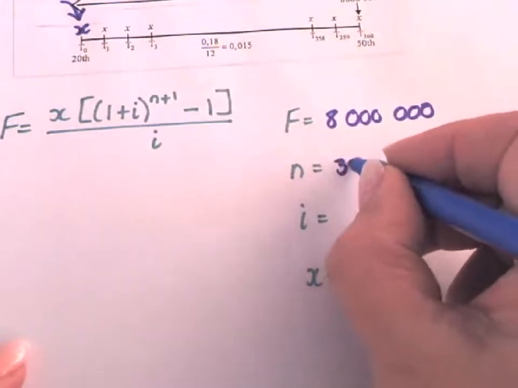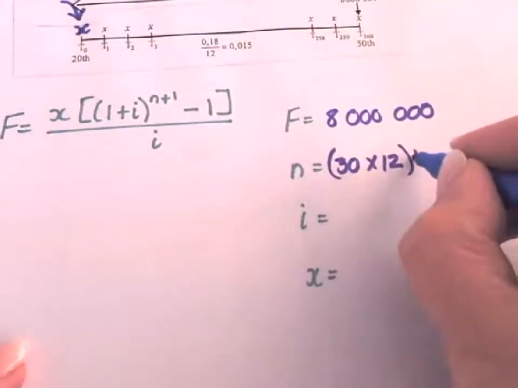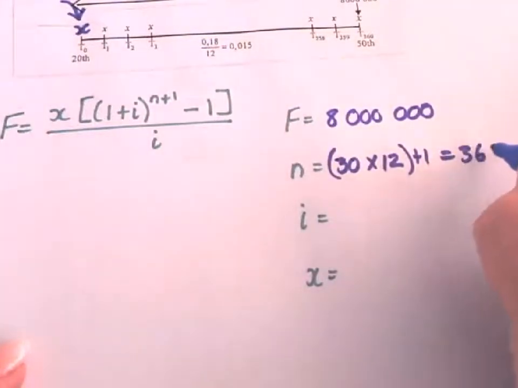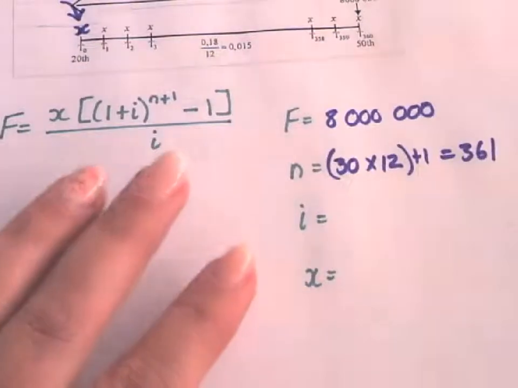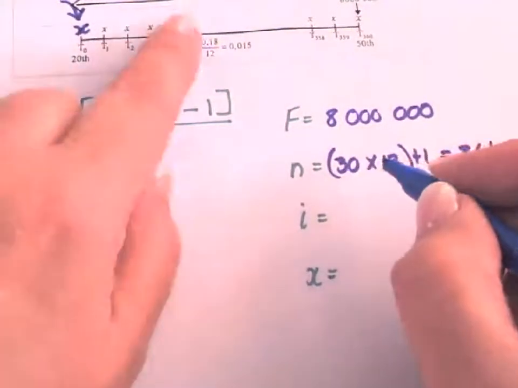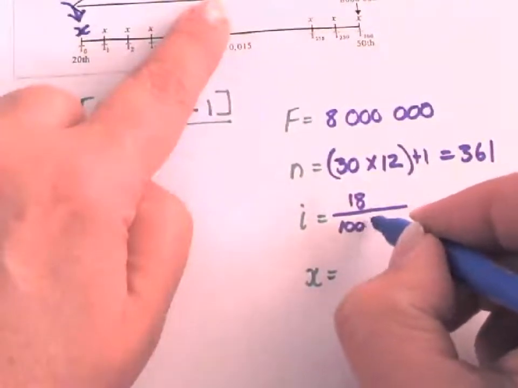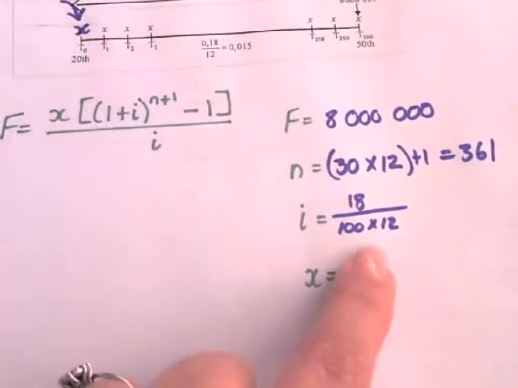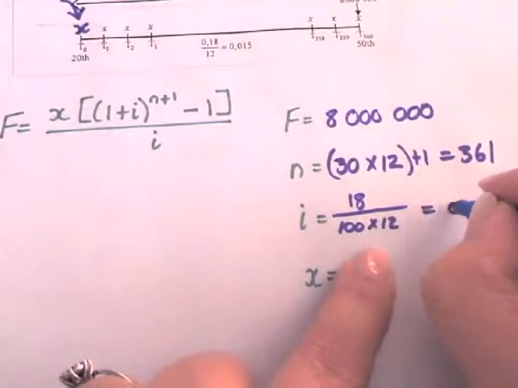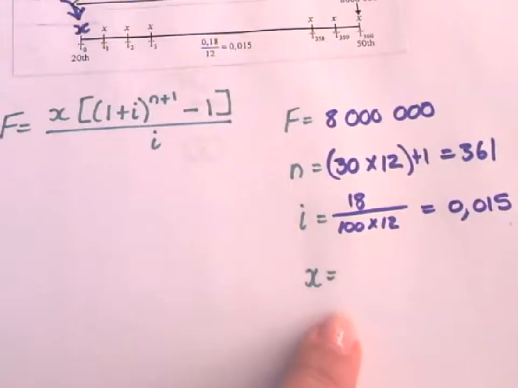So it's 30 years times 12 months plus 1, and that is 361 for N. The I is 18%, so it's 18 over 100 divided by 12 months a year, and that gives us 0,015. X we need to calculate.